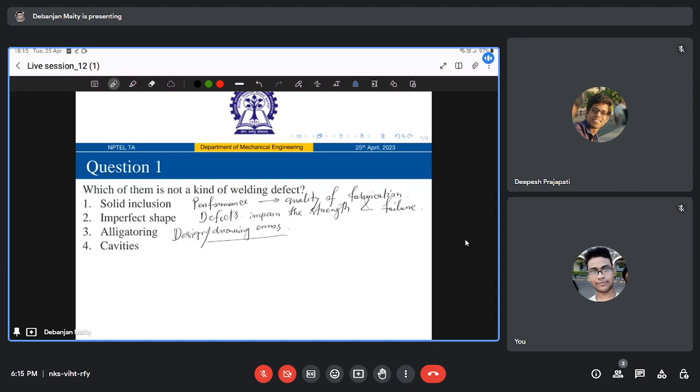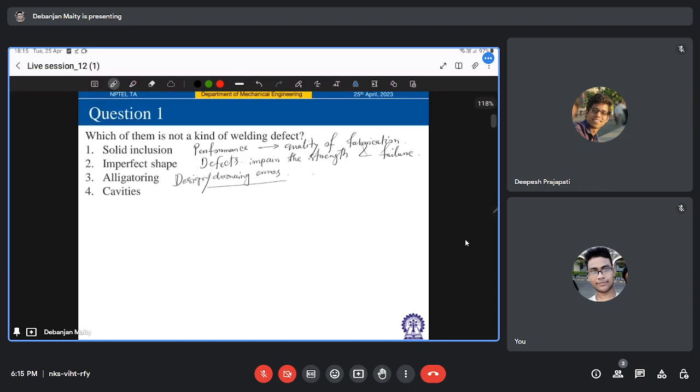Now, in terms of classification of welding defects, you can have crack formation, then cavity formation, then solid inclusions, and there can be incomplete fusion or penetration, and then imperfect shape also.